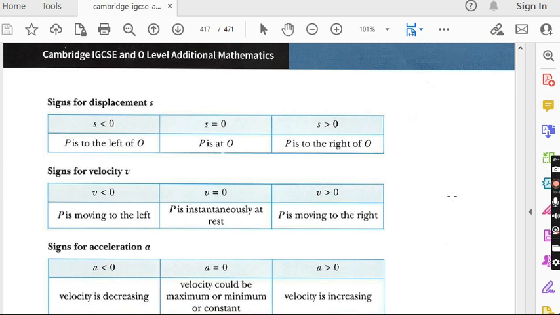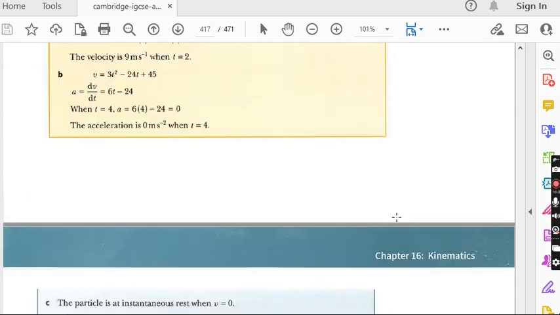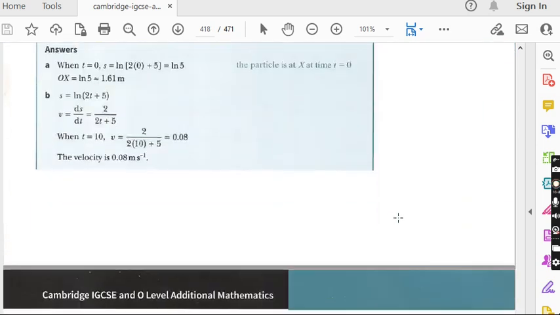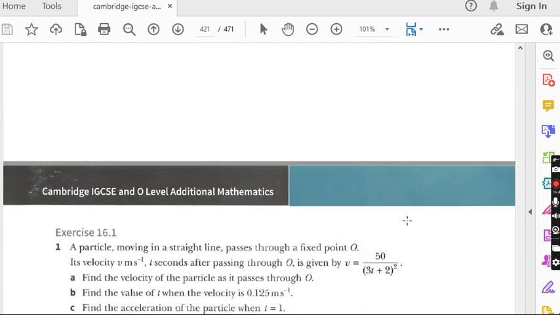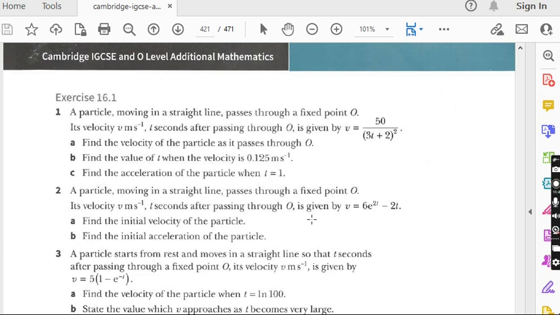So in the light of these concepts, we are able to start exercise 16.1. See question number 1, exercise 16.1.